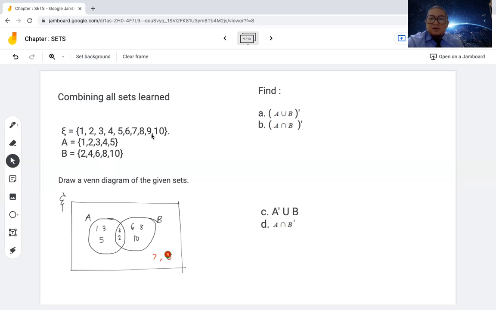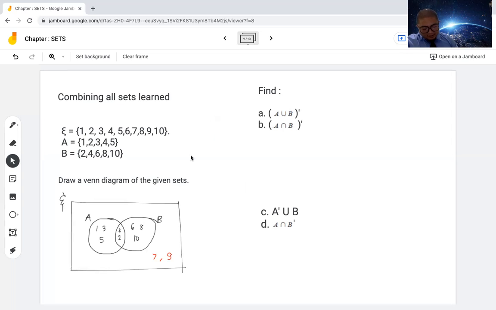So this is where you write those elements. If you combine all these elements inside the box, you will understand that these are all the elements of the universal set. The universal set is that one box containing all the elements inside, and it so happened that set A and set B are parts of the universal set.